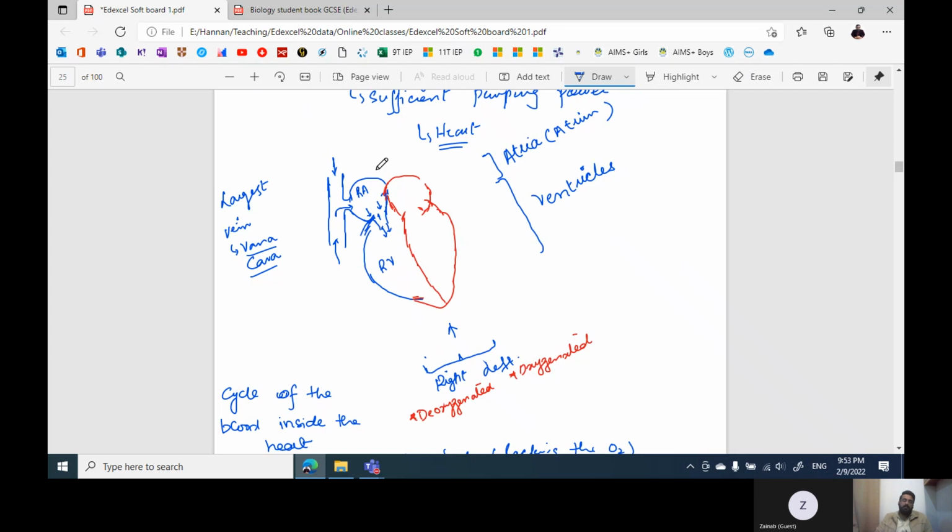So first of all, the right ventricle would push the blood towards the lungs. And these vessels which are pushing the blood towards the lungs would be known as pulmonary, what, artery or vein?